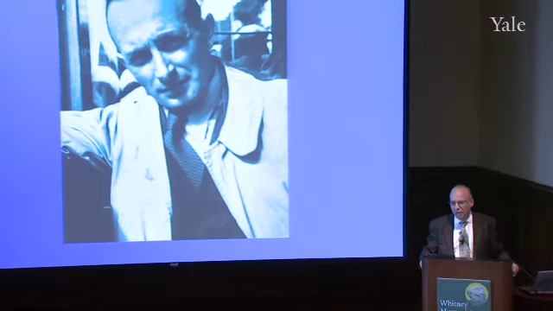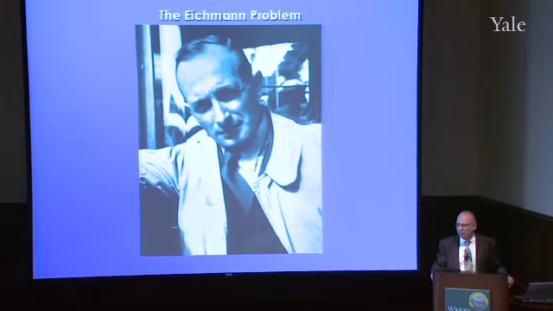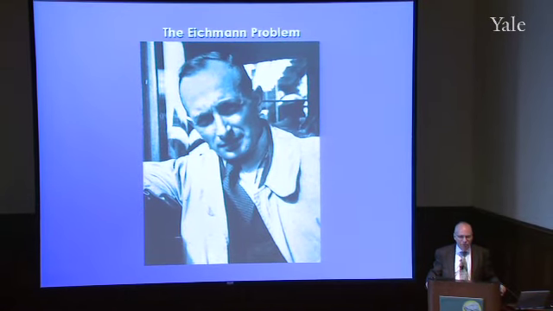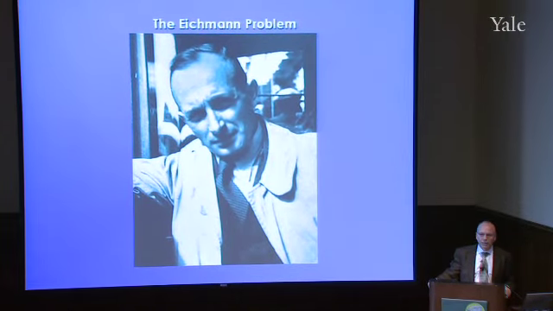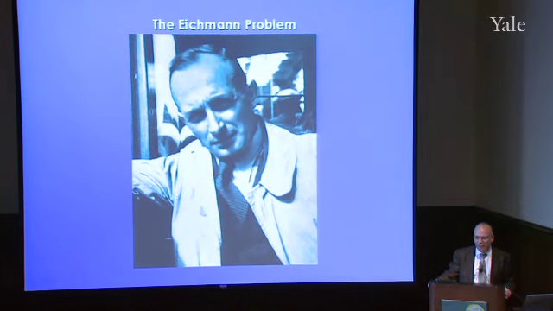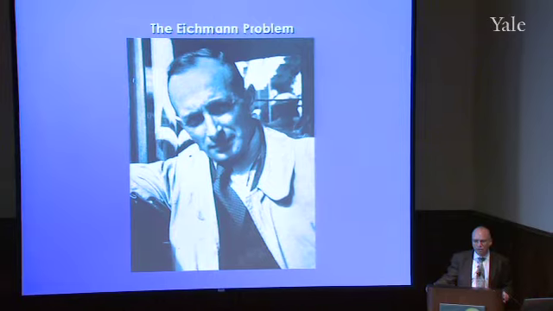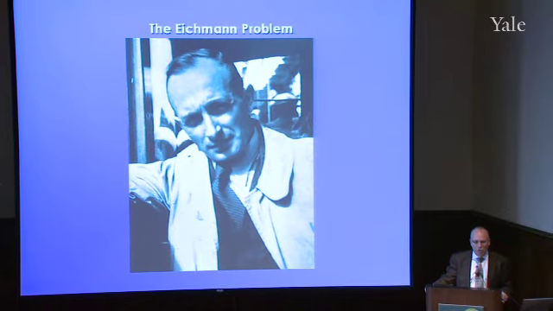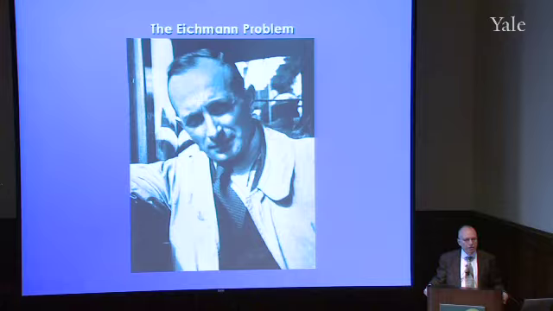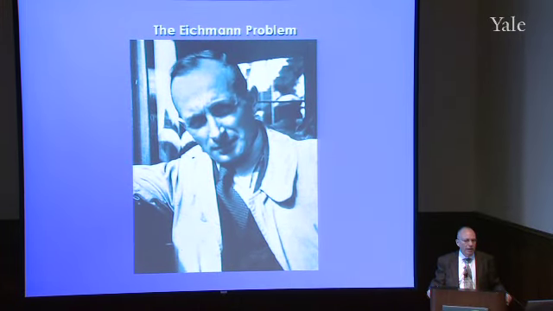We're going to start with the problem of Adolf Eichmann, who was a lieutenant colonel in Nazi Germany, who was responsible for organizing the shipment of Jews to Nazi death camps.